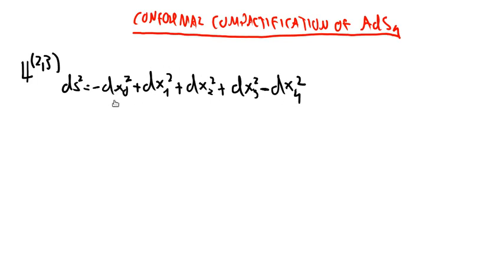We have two coordinates playing the role of time. So in a sense, that's why I'm using this notation to indicate that the signature is not Lorentzian signature, it is another signature. And it turns out that anti-de Sitter in 4 dimensions can be regarded as a subset of this space, which is defined as follows.